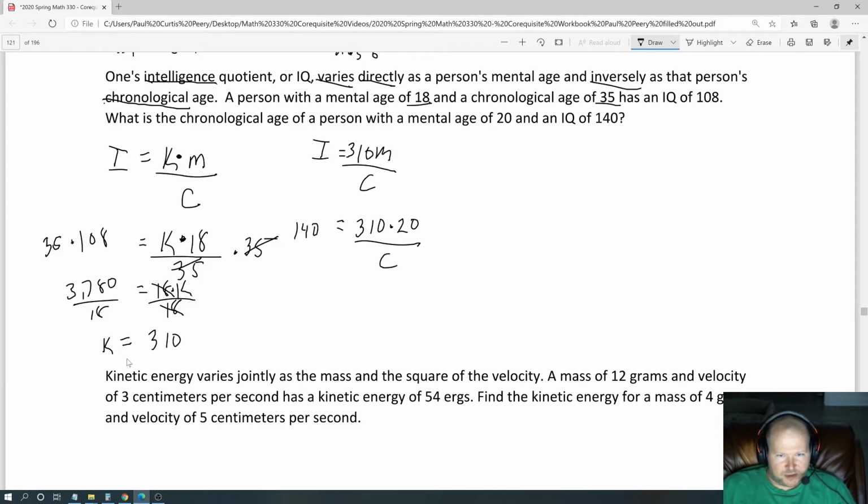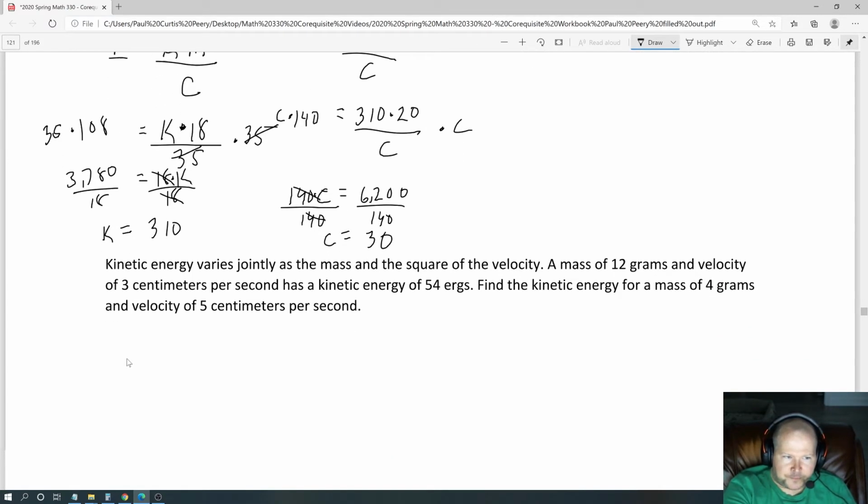So I'm going to multiply both sides by C, which gives me 140C is equal to 310 times 20, which is 6,200. Then we undo the multiplication of C by 140 by dividing by 140, and whatever I do to one side, I do to the other. That gives me C is equal to 30. So their chronological age is 30.